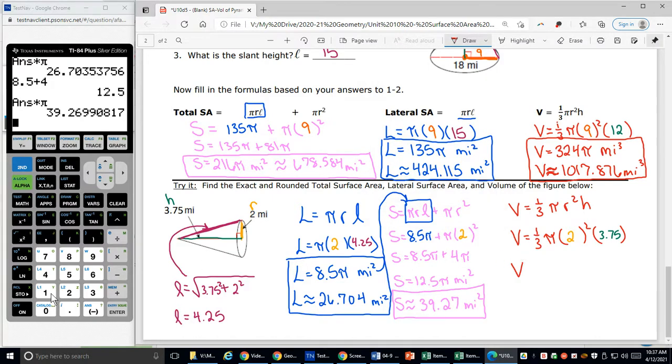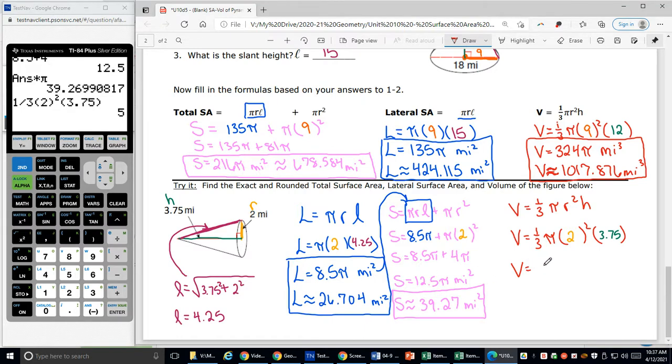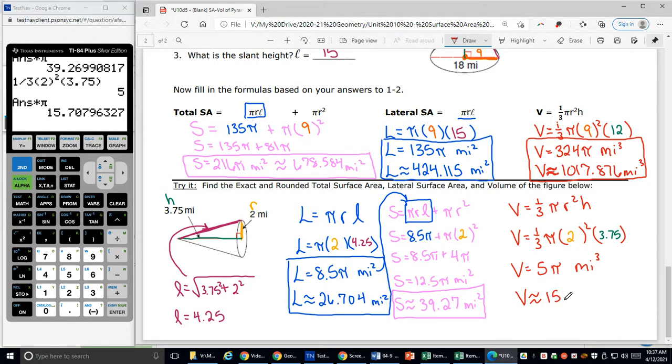So my volume, 1/3 of 2 squared, and again, you could close your parentheses first and then square, times 3.75 gives me 5. 1/3 times 2 squared times 3.75 is 5 pi, and these are cubic miles because it's volume, which is approximately 5 times pi, 15.708 cubic miles. Okay.